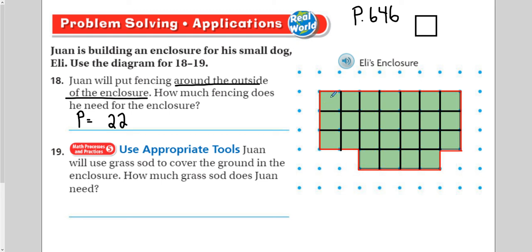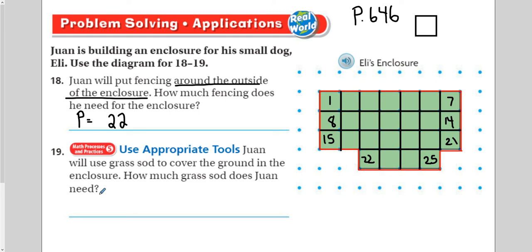So 1, 2, 3, 4, 5, 6, 7, 8, 9, 10, 11, 12, 13, 14, and then 15, 16, 17, 18, 19, 20, 21, and then 22, 23, 24, 25.